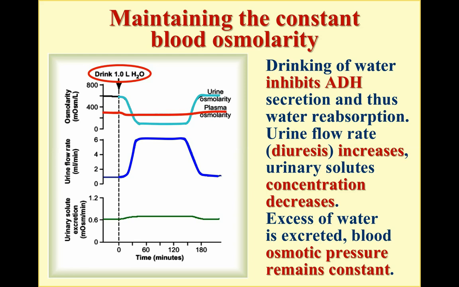And what is most important for us, plasma osmolarity remains practically unchanged, changing only negligibly. So even drinking of excessive water, within reasonable limits of course, does not disturb the constant blood osmotic pressure. And all this is achieved mainly due to ADH action.